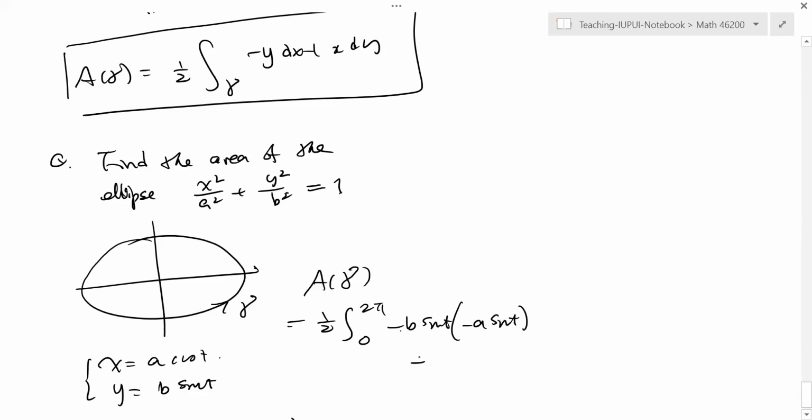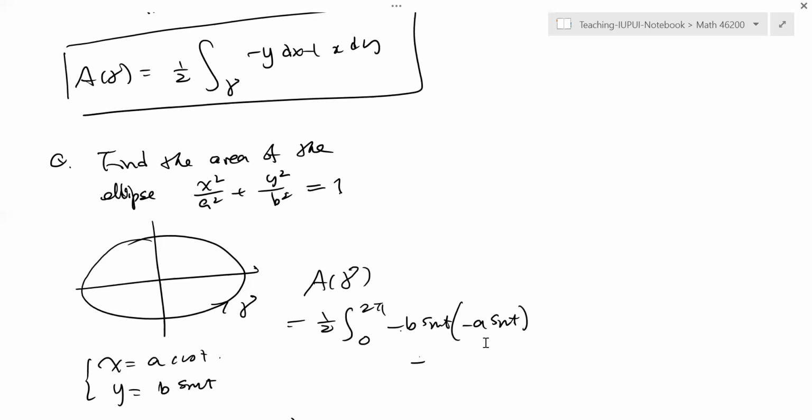And then plus x dy. Just 1 second, okay? So you plug them into this integral.